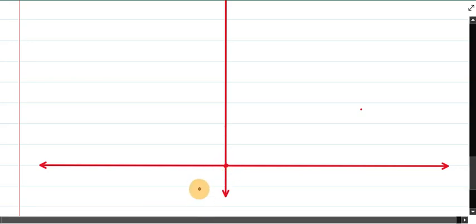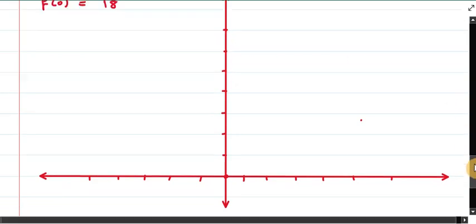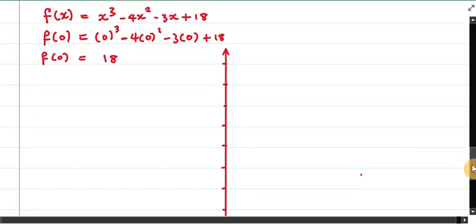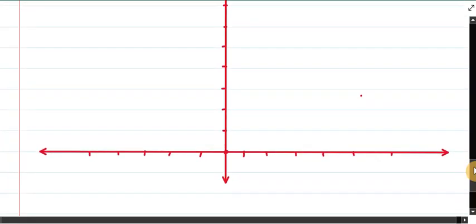Here we know that at this point it's 0, 0. Moving to the right: 1, 2, 3, 4, 5, 6. Then minus 1, minus 2, minus 3, minus 4, minus 5. Let me go up. My graph won't be drawn to scale.